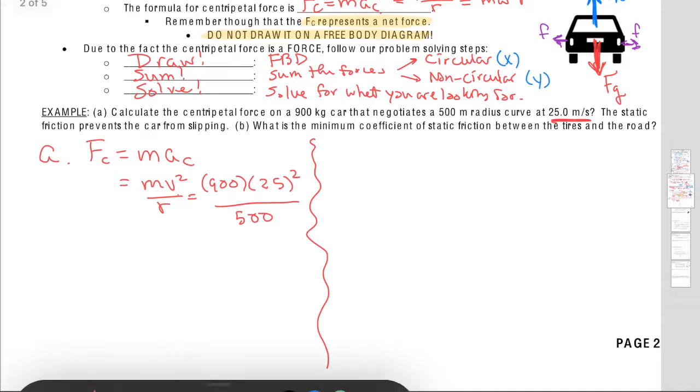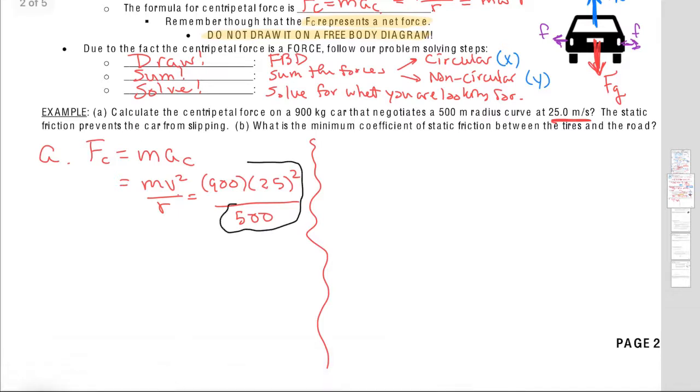Now, you should recognize this 25 squared over 500. That was the centripetal acceleration from the last video in one of the examples. So we could have just said, okay, I recognize that's what it is, I can just multiply what I got in the previous video times 900. But this is using the full formula.